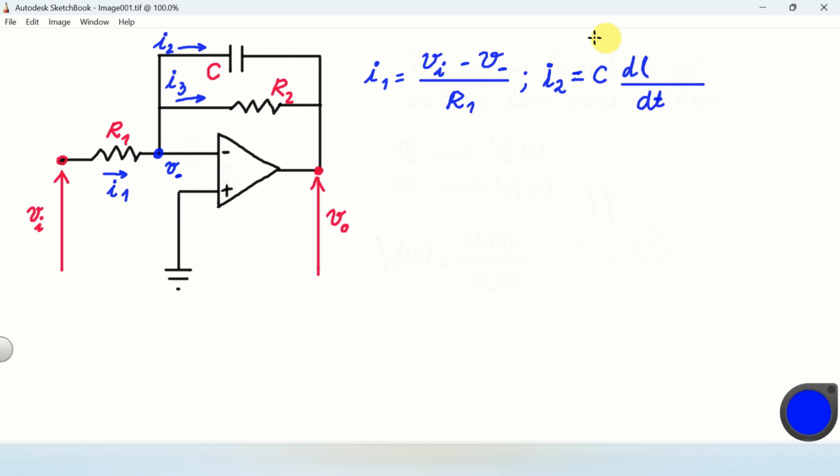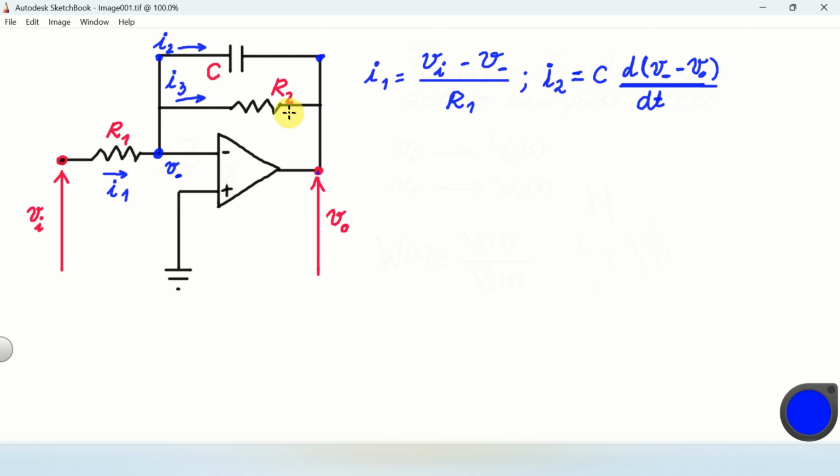We are actually differentiating the difference in potentials between this point and this point over here. Obviously, the potential of this point is equal to the potential of this point, so we have V minus over here. And then over here, the potential of this point is equal to the potential of this point, and consequently we have minus VO. And that's it. This is the expression for the current I2.